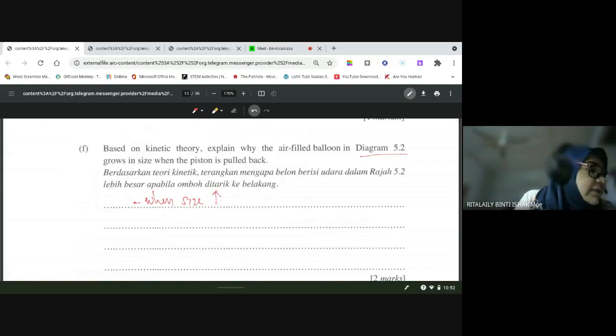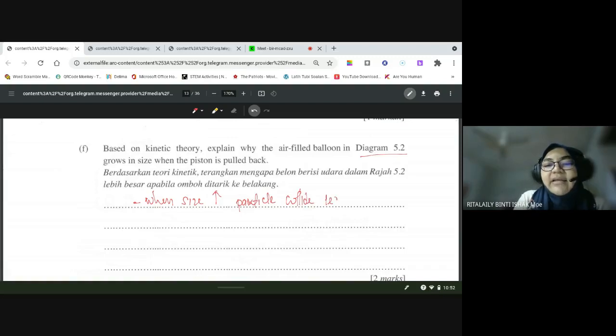okay, so particle collide less with wall or container or balloon. Okay.